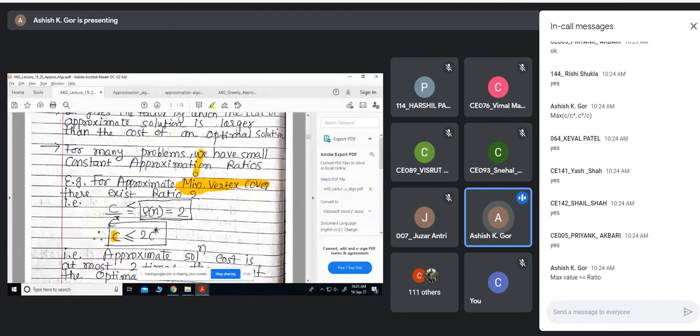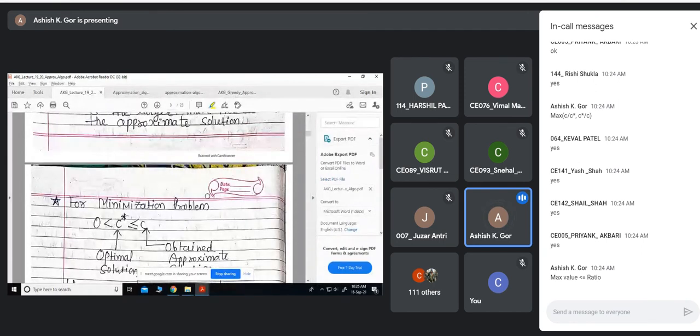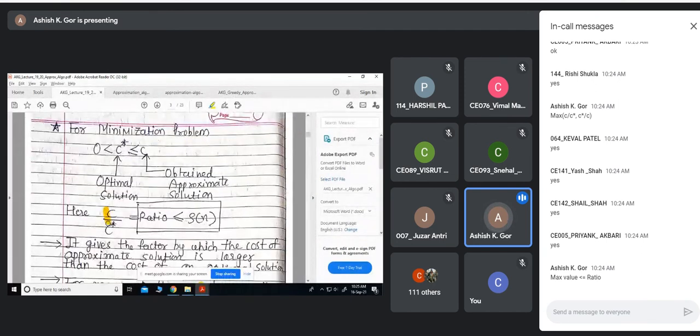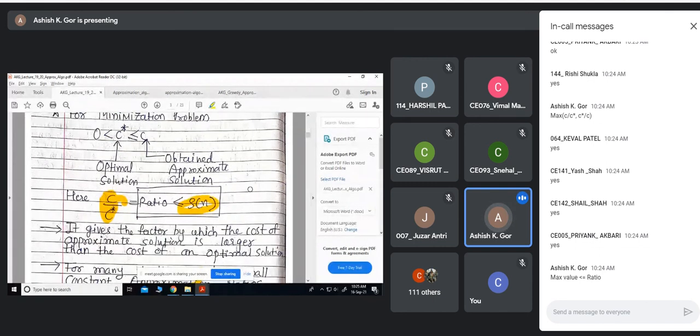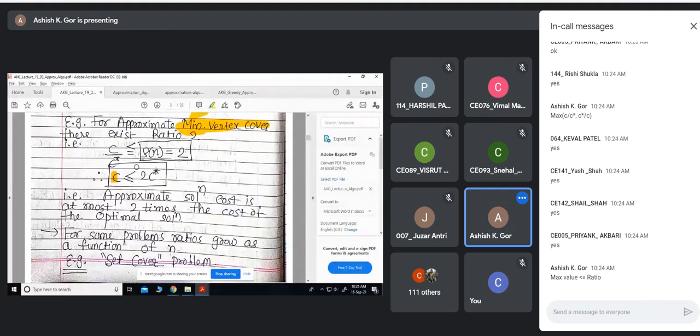So I will take C upon C star, and I will prove that C upon C star is less than or equal to 2. This means the approximate solution can be at most 2 times the optimal solution, because we are minimizing, right? The approximate solution cost is at most 2 times the cost of the optimal solution. So this is a constant ratio, which is very good. We will prove this.